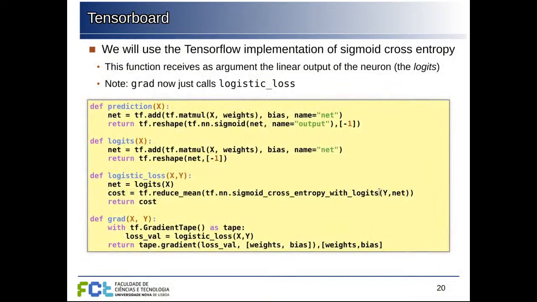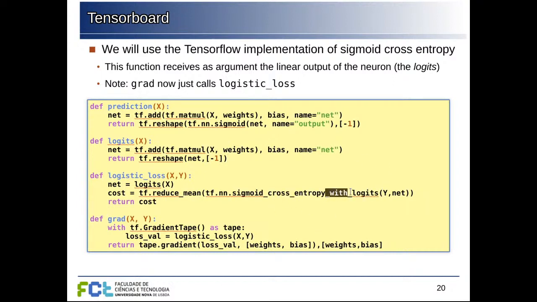But to do this, we need to provide not the output of the neuron, which is the sigmoid applied to that weighted sum of the inputs, but just the weighted sum of the inputs, because then the sigmoid cross entropy with logits function will aggregate both computations, the sigmoid and the logarithm, in order to compute this in a more stable way.